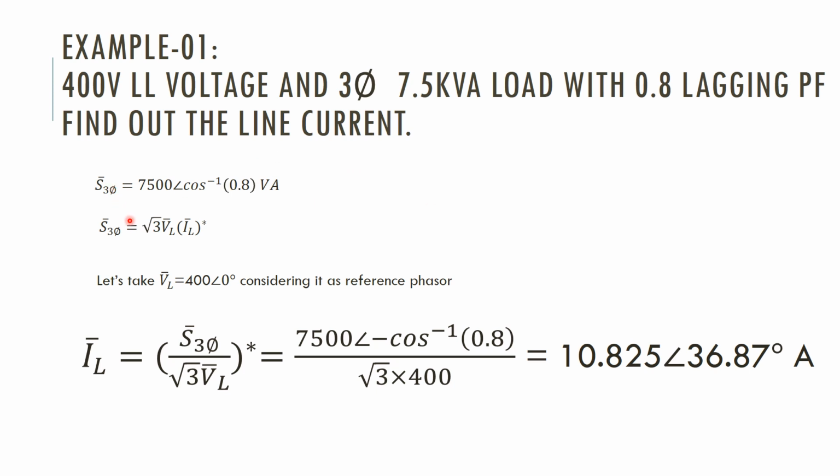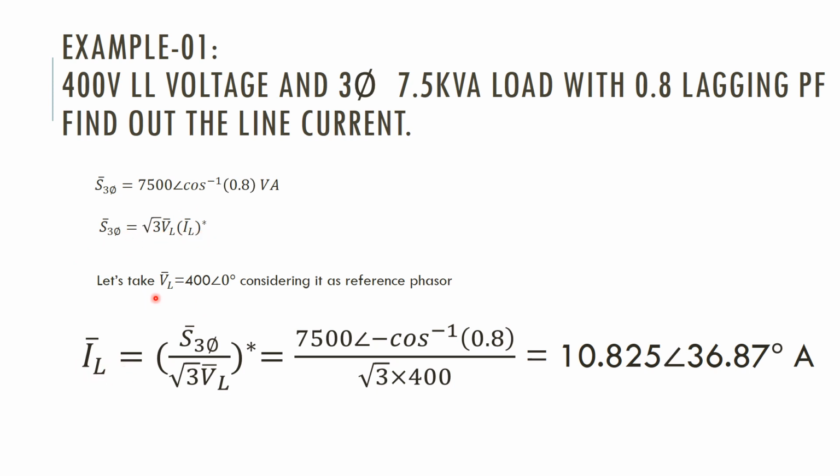So S three-phase is equal to 7500 angle cos inverse 0.8. Since it's lagging, the current goes to a negative angle, but the power comes at a positive angle. So 7500 angle plus cos inverse 0.8, right? Using this equation you can find IL.